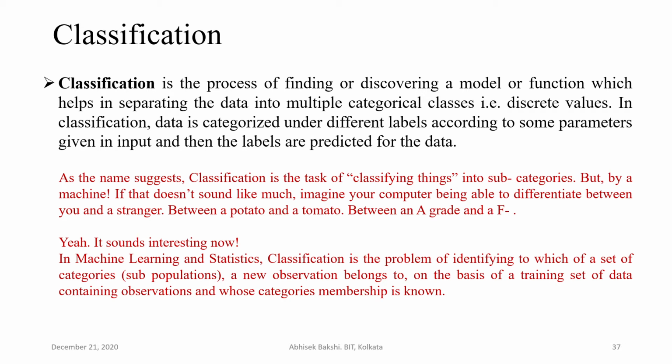So what is classification? It is a process of finding or discovering a model or function which helps in separating data into multiple categorical classes or discrete values. That means in classification our aim is to find a curve.